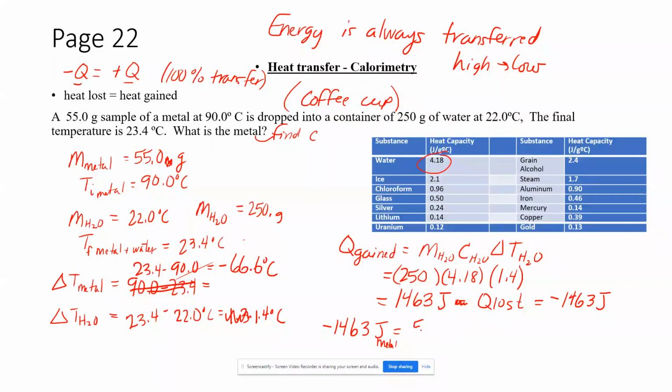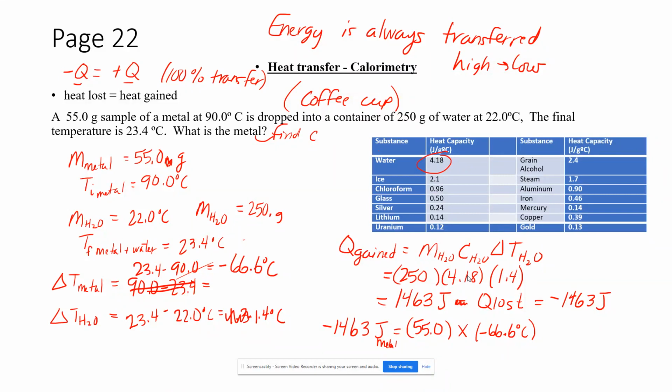It's going to be equal to the mass of the metal. We're using the same formula, but now everything is about the metal. I don't know the specific heat of the metal, and I know the temperature change of the metal was negative 66 degrees. Again, the negatives cancel.